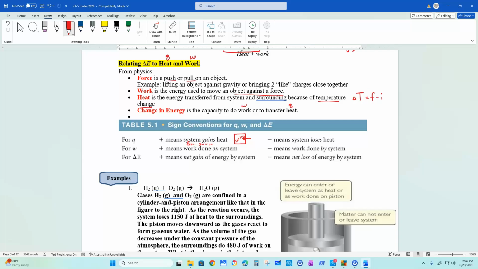It's always gaining from the outside. If Q is negative, that means it's losing heat. So that means your arrow's going out. But who is losing it? The system's losing it to the surroundings. So that means your heat is going to the surroundings.